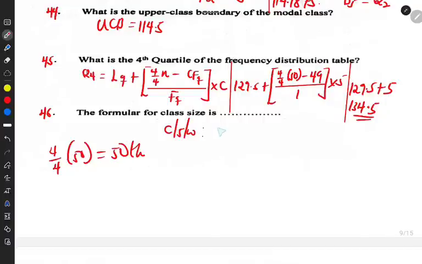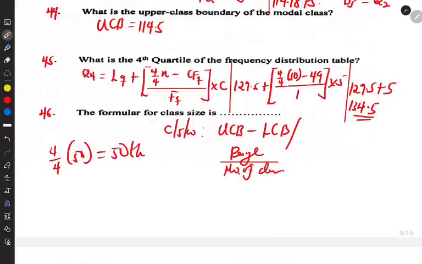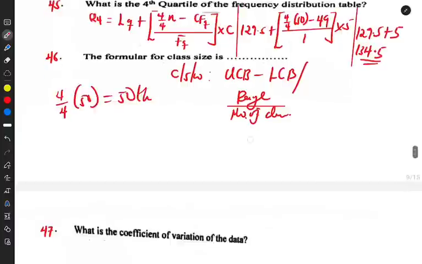It can be the difference between the upper class boundary and the lower class boundary, or the class size is the range divided by the number of classes desired. So the two formulas give us the class size in that particular case. So let's take note of that.